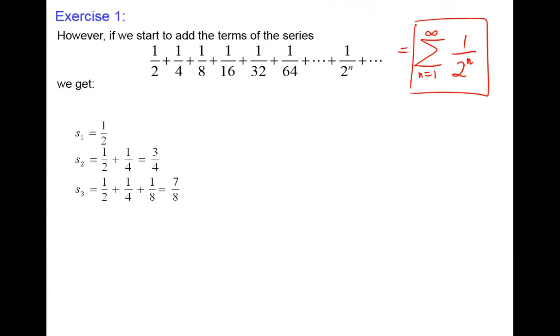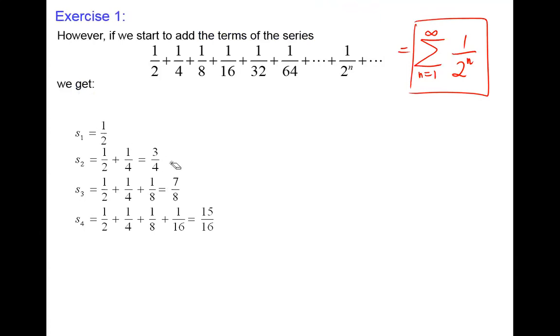Okay, let's keep adding. I did the math for you. That means we don't have to worry about lots of fractions. S sub 3 means adding 3 fractions, 1/2, 1/4, 1/8, and with common denominator 8, 7/8. And then S sub 4, adding 4 terms, 15/16.